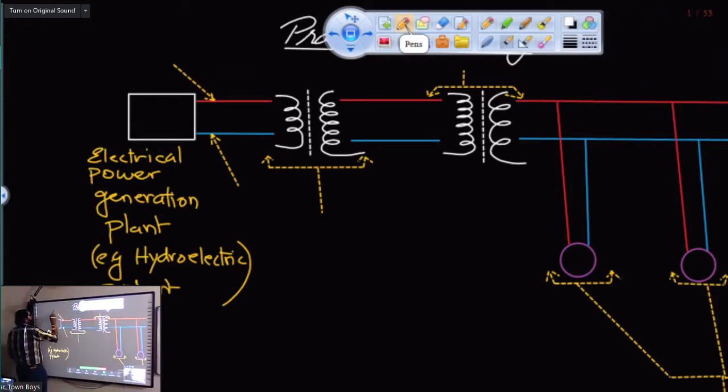Now, this is the live wire. I'm going to define each of these components, which I have marked over here. This is the neutral wire.